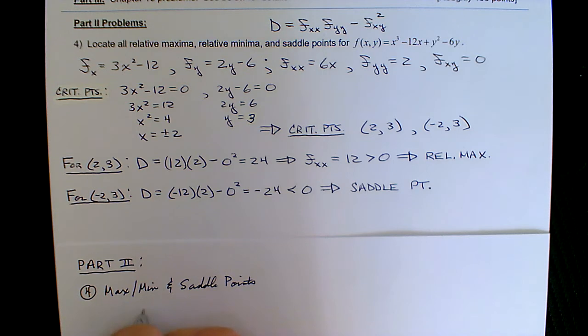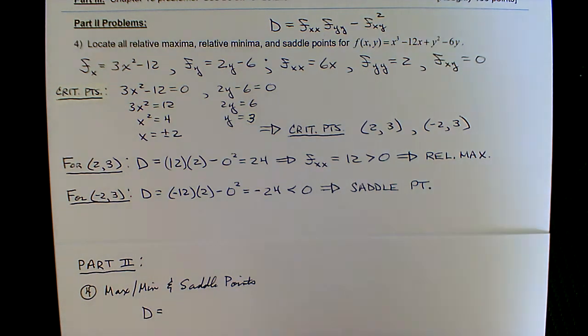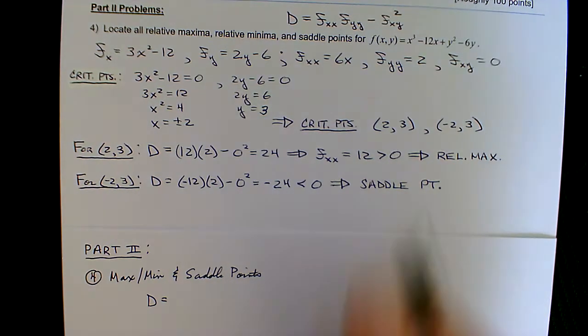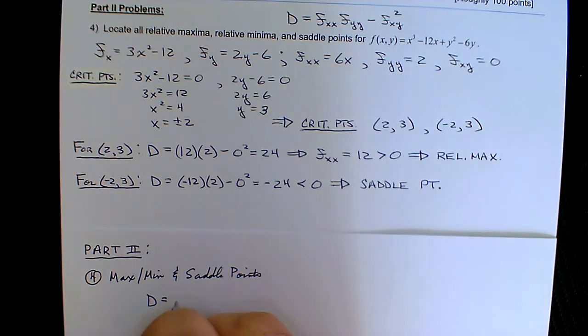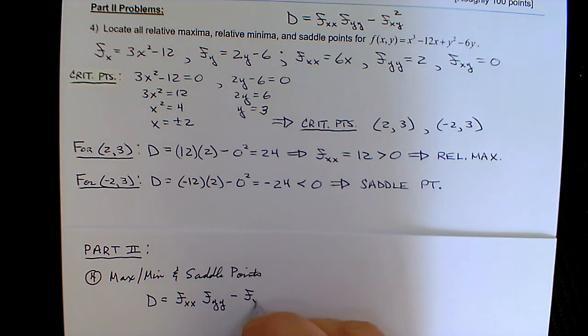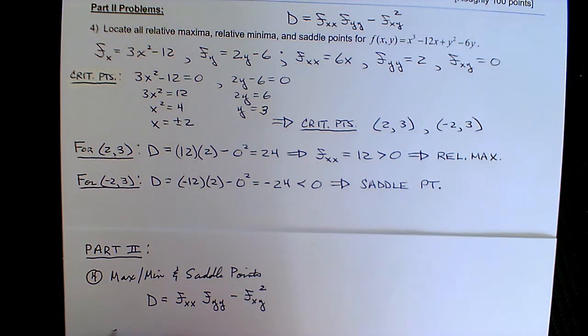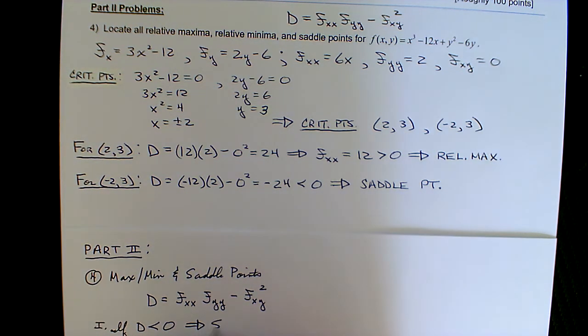The theorem, and I do have the value of D listed up here, but the formal theorem just outlined is that D is f sub xx times f sub yy minus f sub xy squared. And if D is less than 0, then it's a saddle point right away.